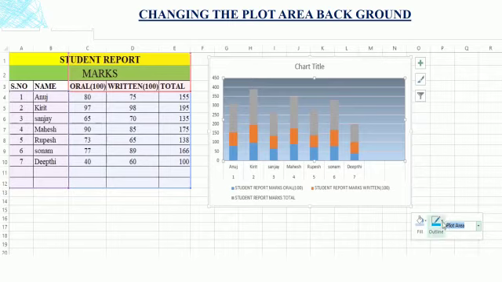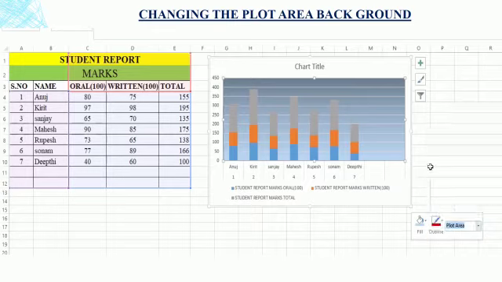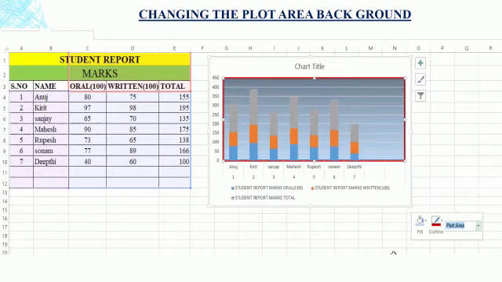Okay, and if you want to change the outline of the chart area, click on the colors option here. Again, you can observe the theme colors. Click on the border outline of the chart, and if you need, you can click on the thickness, that is 3 points I clicked.